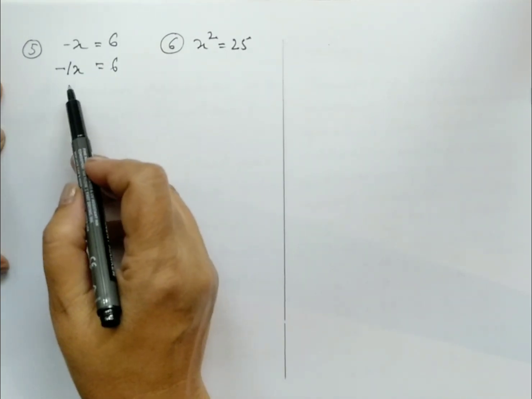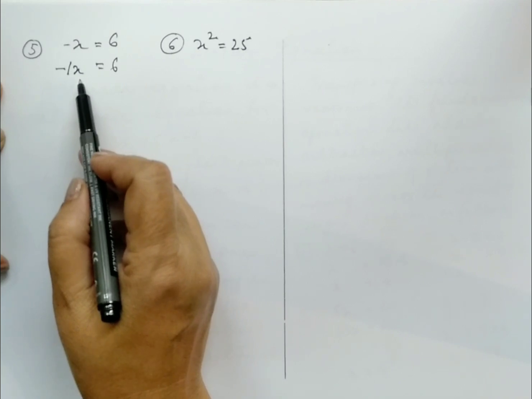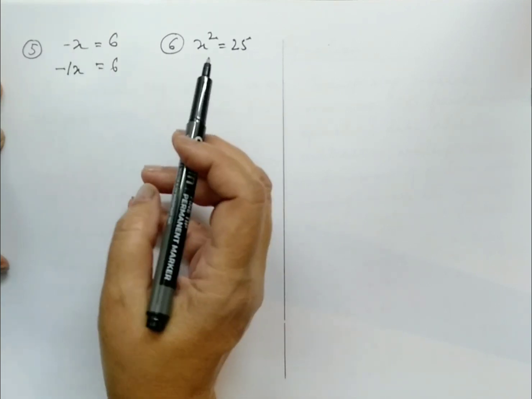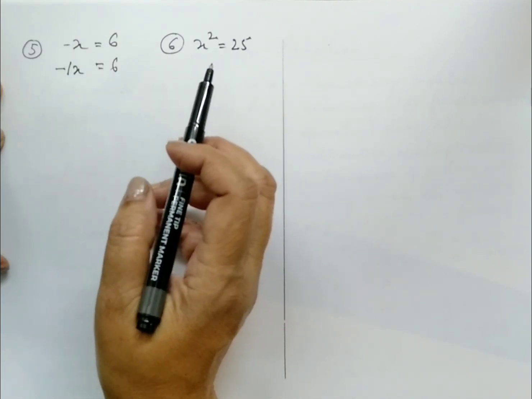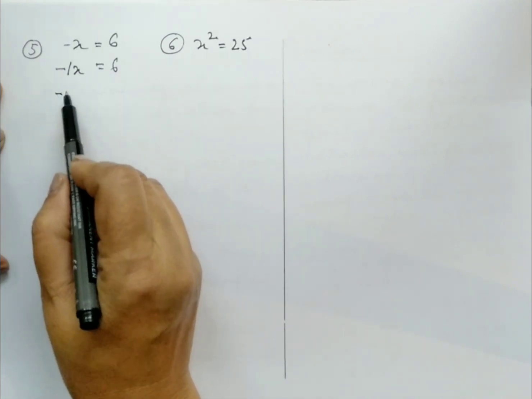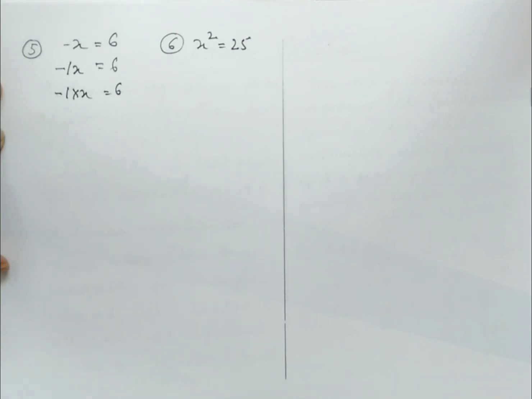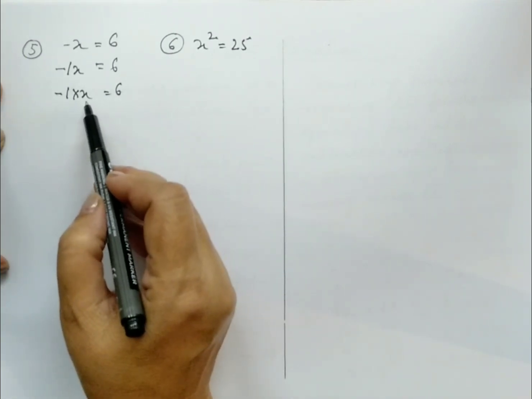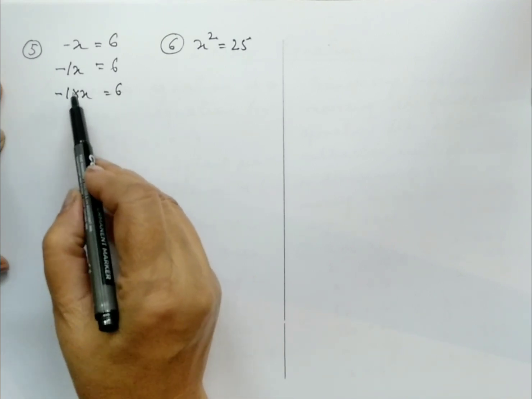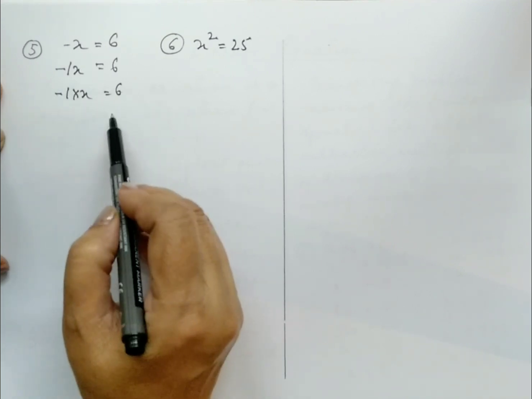Say minus 1 multiplied by x, even that would give me a minus x, isn't it? Which means minus 1 multiplied by x. Correct? Now x has been separated. We can take this to travel to the other side.